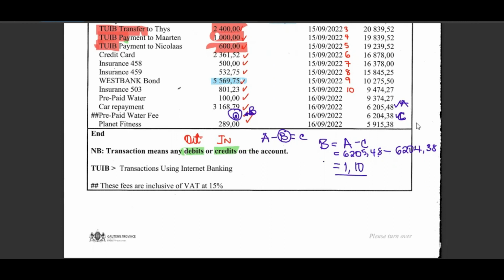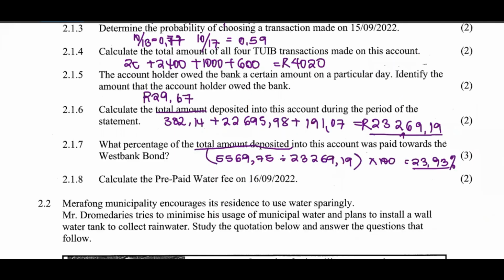So the value of our B is 1 rand 10 cents. So here we shall say the balance before subtraction of water minus the current balance after subtraction gives us the money as R1.10.